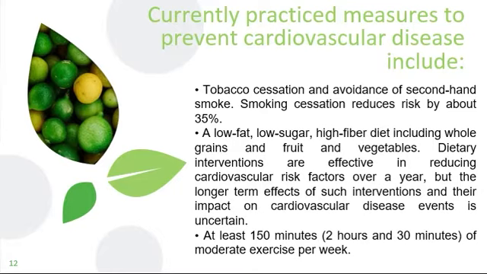Dietary interventions are effective in reducing cardiovascular risk factors over a year, but the longer-term effects of such interventions and their impact on cardiovascular disease events is uncertain. At least 150 minutes of moderate exercise per week.